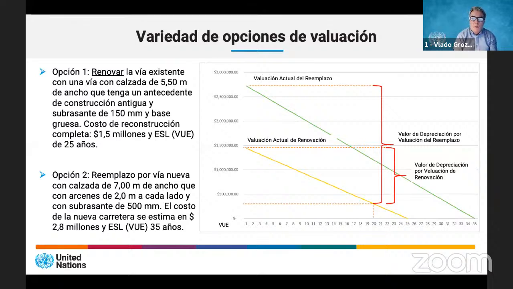If we decide to replace the road with a wider carriageway from 5.5 to 7 meters and plus 2 meter shoulders, which are made of sand seen on the roads on either side, and with bigger upgrades so it can last longer, for example, 35 years, but the new cost could be even double.